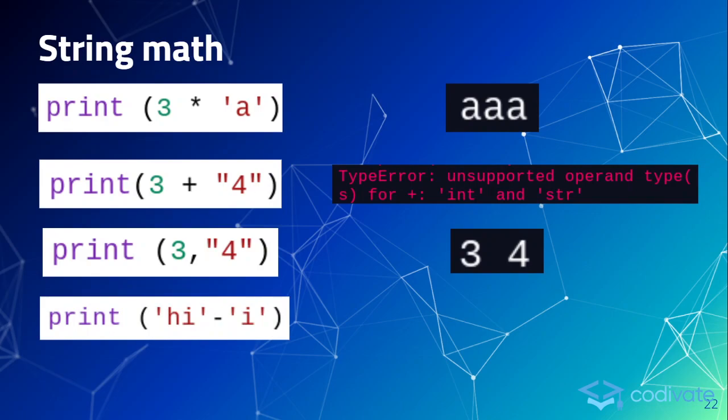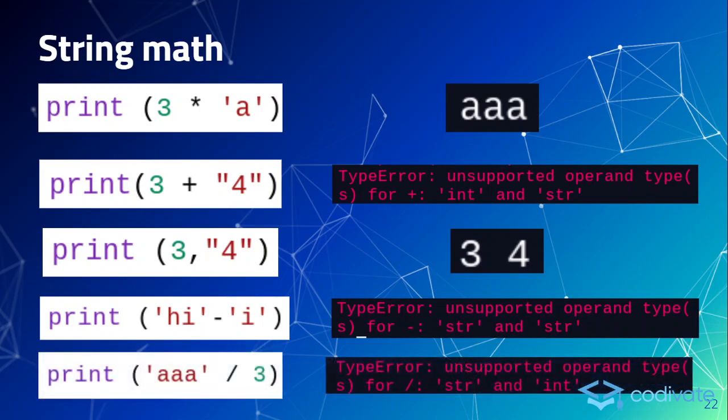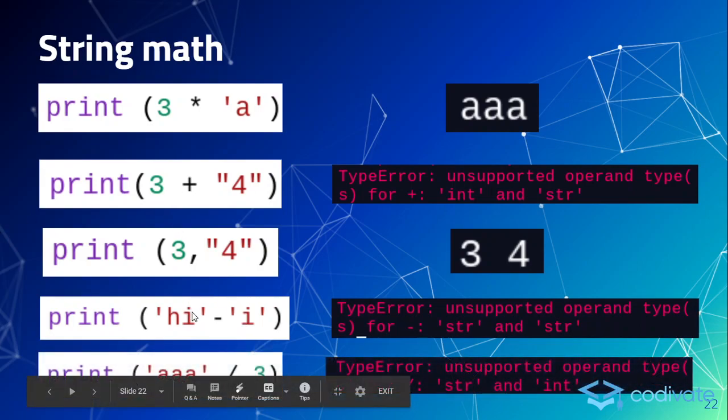We may be able to multiply strings, but we can't subtract or divide strings. If we were to do so, we'd get error messages. So even though we have the I at the end, it won't give us an H. It's not sure if whatever is here is going to be the end of this string.